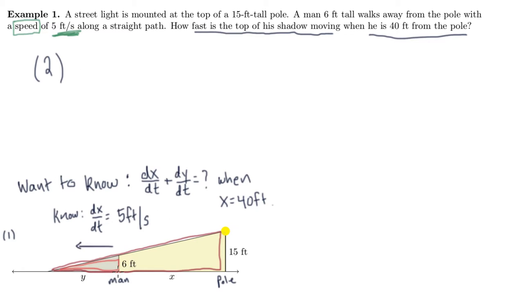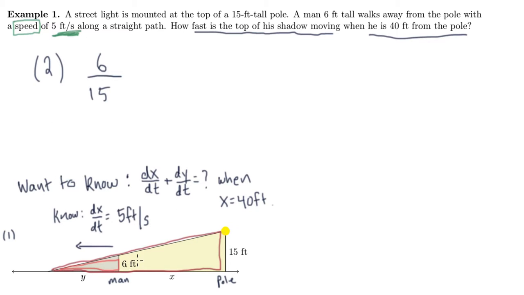So that means this side right here, the 6 foot side, the same scaling that I need to do to get from 6 to 15, I need to do to get y up to this whole length, y plus x. So in other words, or maybe put a little bit more succinctly, 6 is to 15.